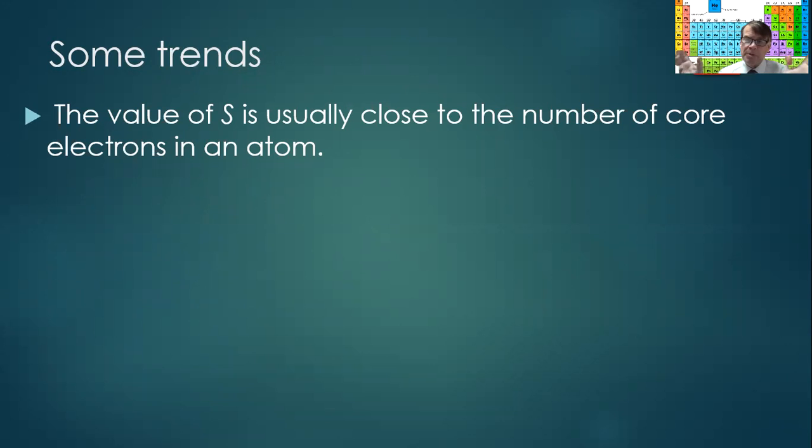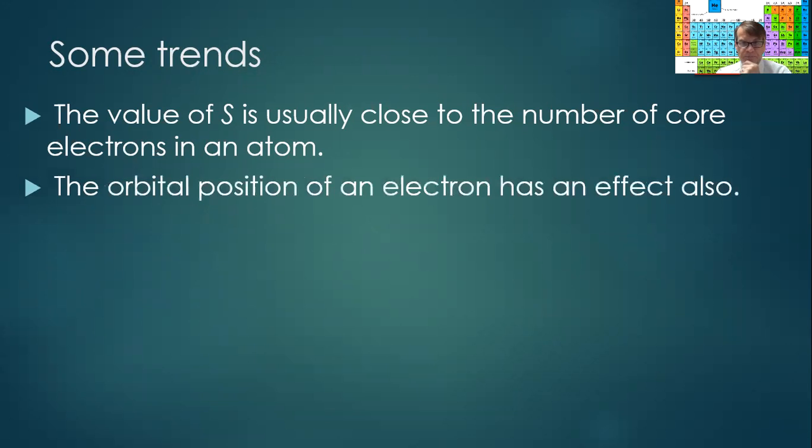So just for simplicity, we're going to take the positive charge of the nucleus, the number of protons, minus the number of intervening electrons as a negative. We're at least going to start with saying that the screening is the number of electrons. So the number of protons minus the number of intervening electrons gives us the effective nuclear charge on a valence electron.